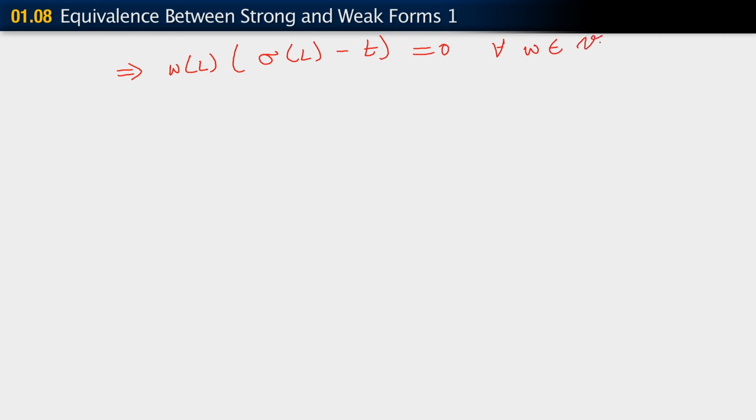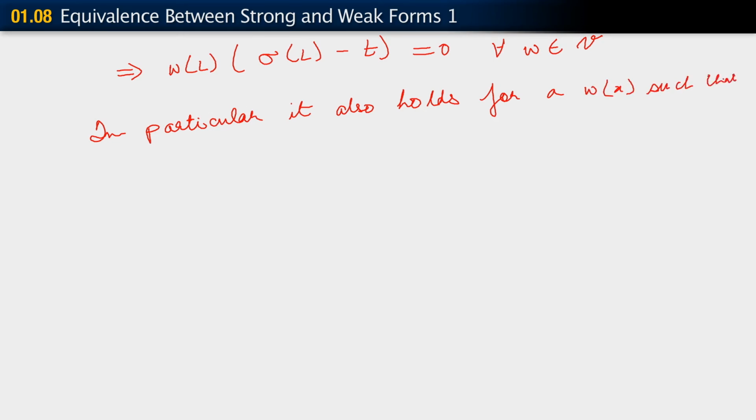Okay? And this has to hold for all W belonging to V. So, in particular, it also holds for a W of x which is such that W at 0 equals 0, which is required by our specification of the space V, and W at L not equal to 0, right?